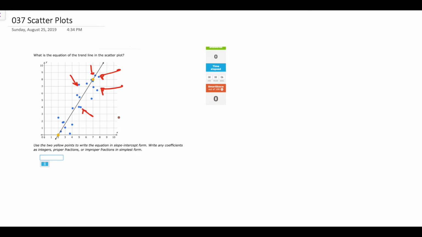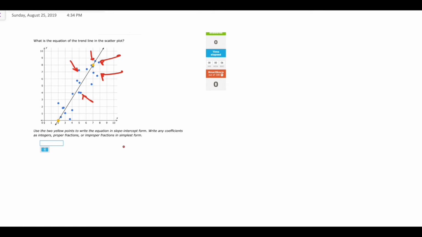No? Okay, let's just say this is days, and this is dollars. So I have some data, like 5 days equates to $4, and 7 days, with my clipboard, kind of went with $7.